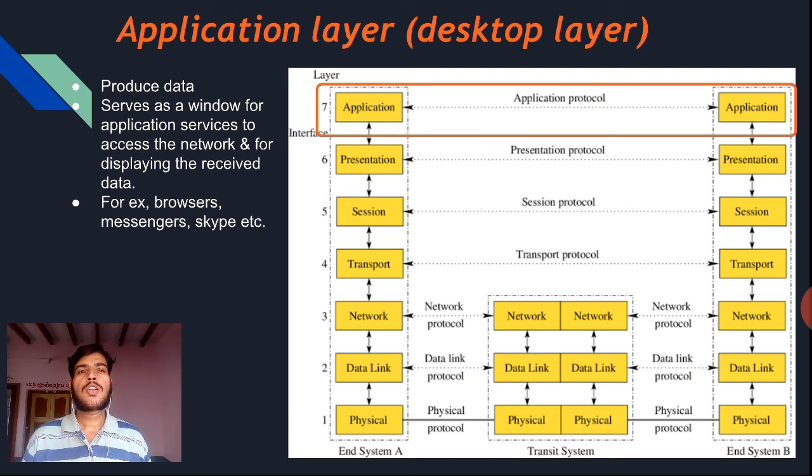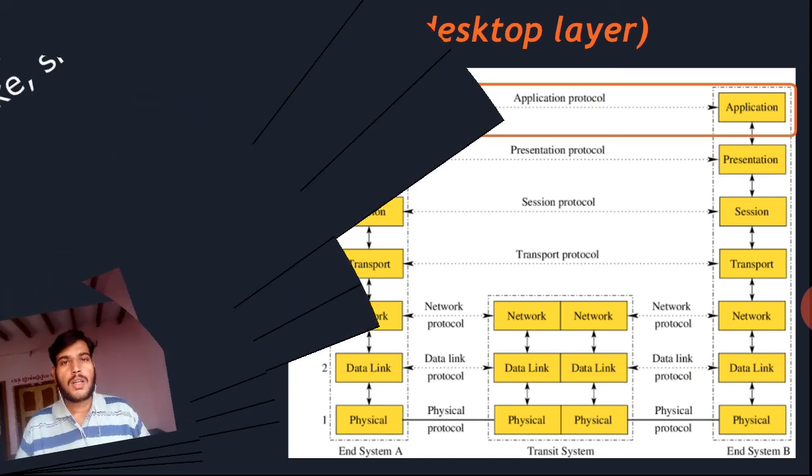Normally the application layer makes use of certain software like web browsers, messengers, Skype, etc. to produce the data at the sender's side, and the receiver has to receive the same message at the destination side. Again, by using the same software, the receiver can see the original message. So this is what happens with the application layer.